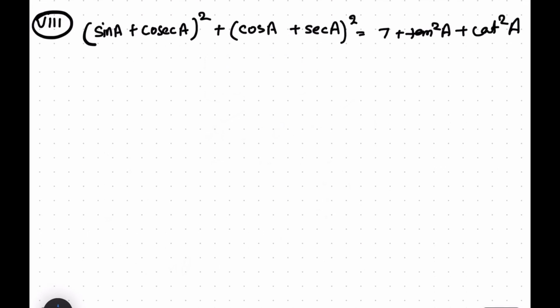This is our 8th question. Again over here we have to prove LHS equal to RHS. Let's do that. It's very easy here. We can apply (a plus b) whole square here and here as well. Correct? Let's do this. Okay.